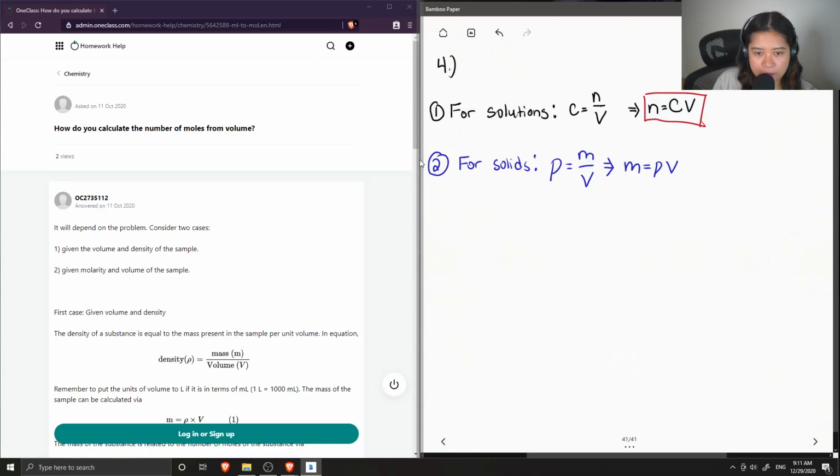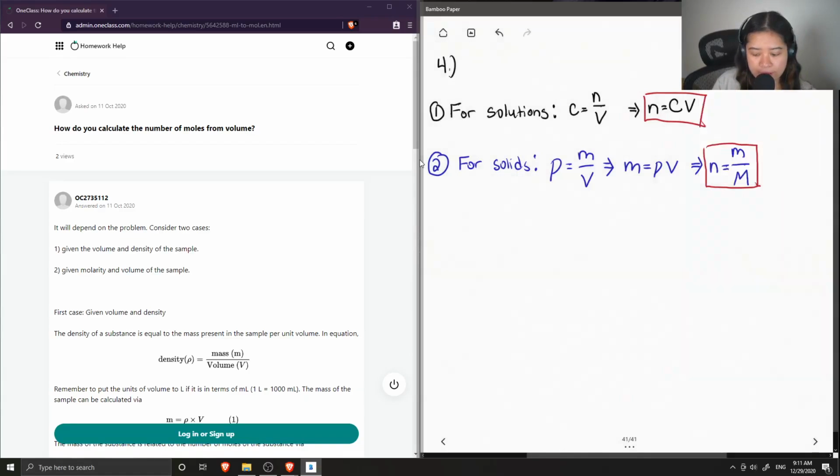And once we're given mass, then we can solve for number of moles, because number of moles is equal to the mass over the molar mass of the substance. So this is another option. It's two steps. It's another way you can find number of moles.